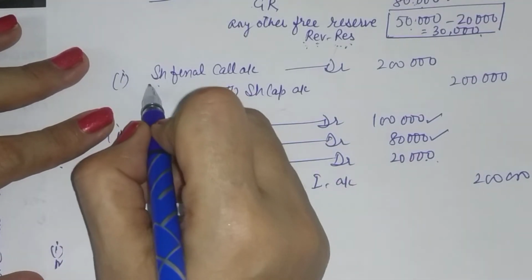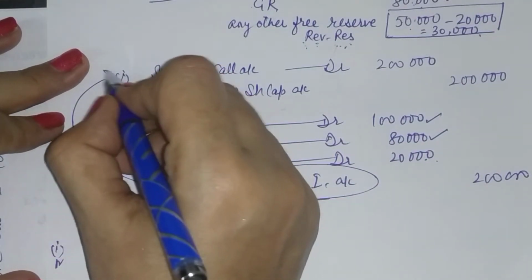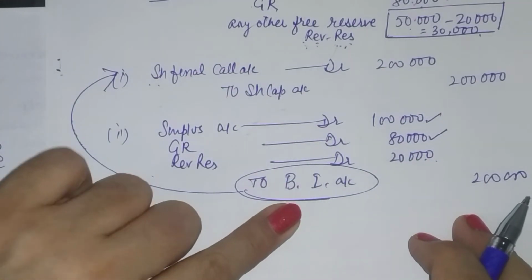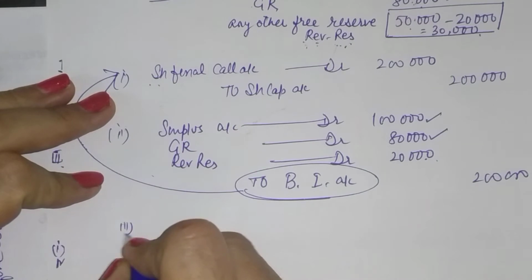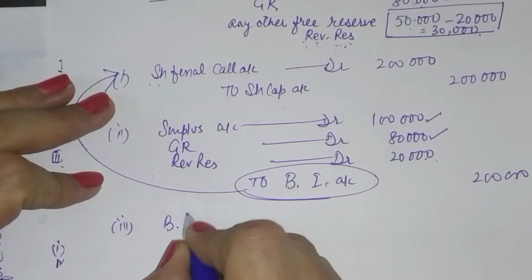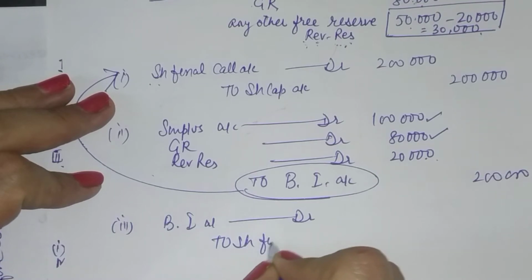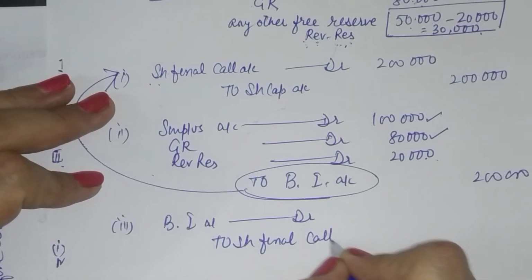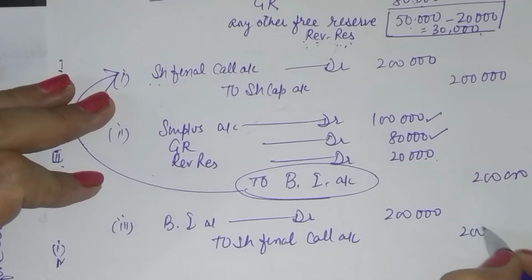So in place of getting this in money form, we will adjust it against the bonus issue. So the bonus issue is to be adjusted against the final call. So rather than bank to share final call, our third entry in this case will be bonus issue account debit to share final call account. Right. So this is how we pass journal entries in this case.